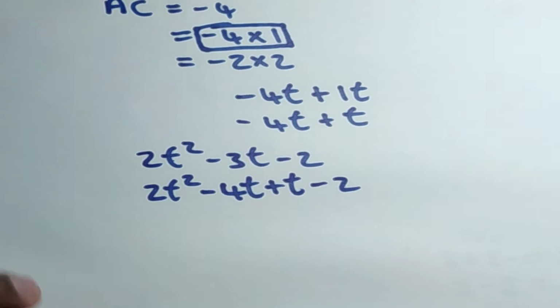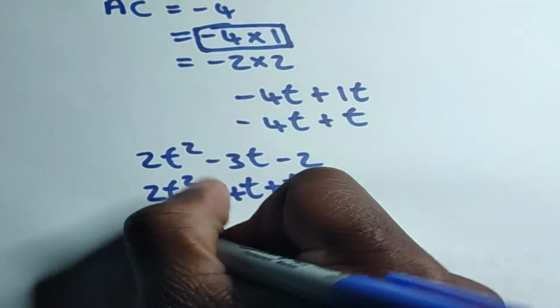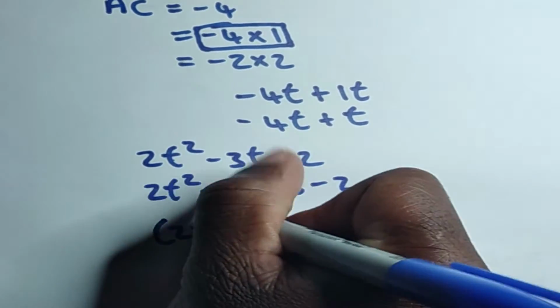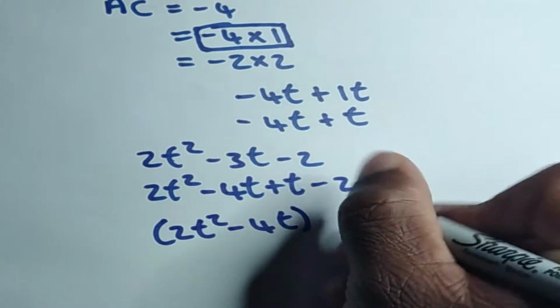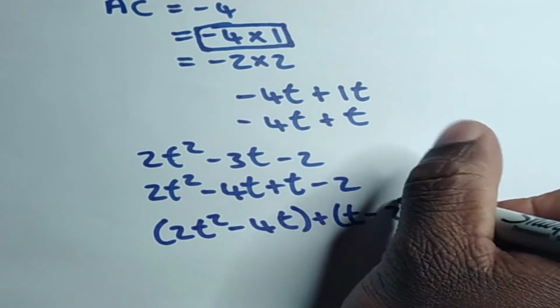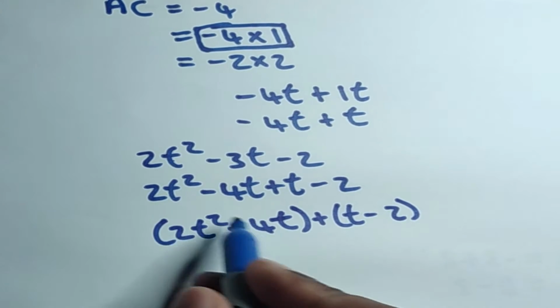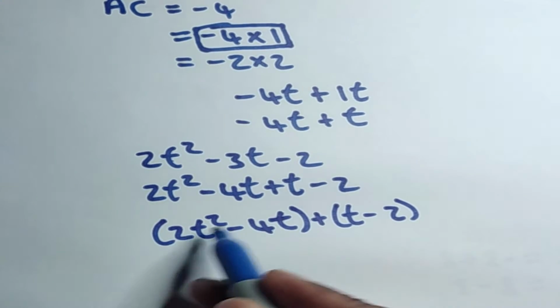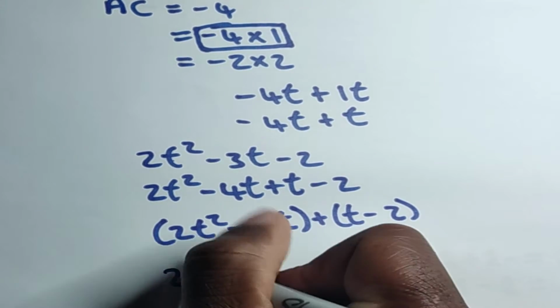Now what we can do now is to group the first 2 terms and the last 2 terms. So we have 2t squared in one bracket minus 4t. Put back our positive sign, and we have t minus 2 out here. Alright, now what can we do now? We can factor out the highest common factor out of these 2 terms. Alright, and that would be 2t.